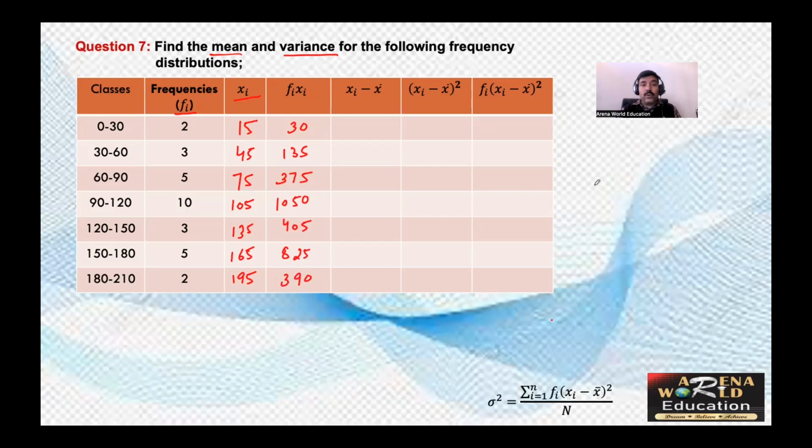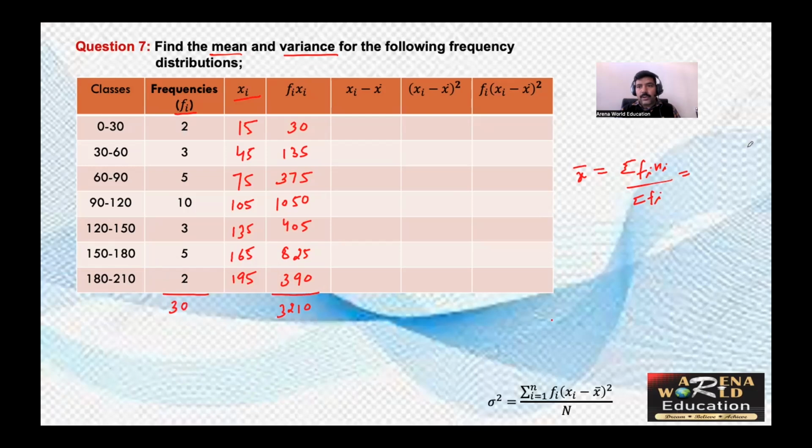Now we know, to find the mean, what is the formula? Yes, it is summation FiXi divided by summation Fi, right? If we add all FiXi, we will get 3210. If we add all these Fi's, we will get 30, right?